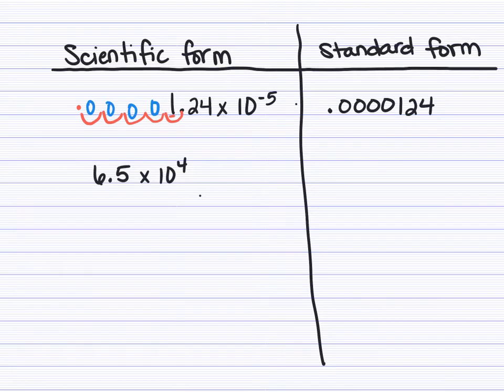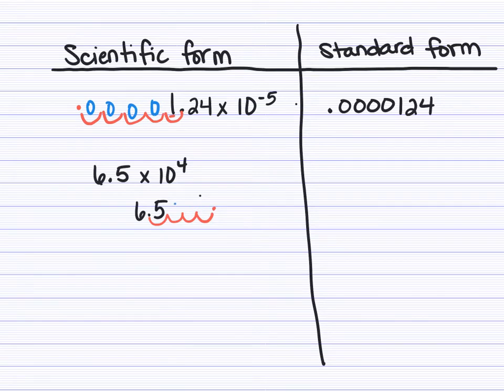Okay, so here we have 6.5, and we have a positive exponent this time. That means that instead of moving the decimal to the left, this time I'm going to move the decimal to the right. So I'm going to write out this 6.5 again, just to help me show my work. Then I'm going to take this decimal and jump over 4 numbers. Ready? 1, 2, 3, 4. Now you can see that egg carton being built, and we need to put eggs in the carton.